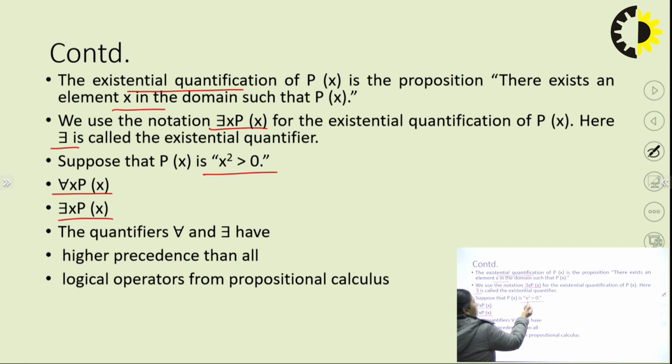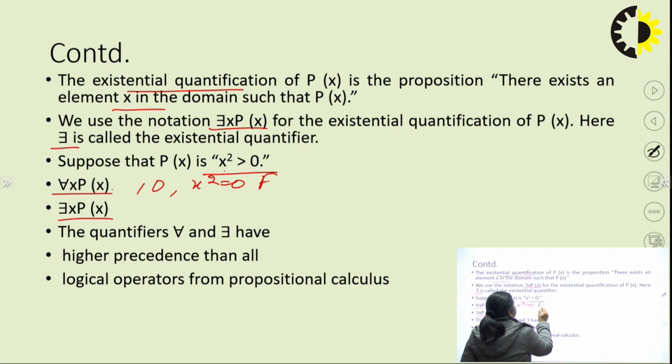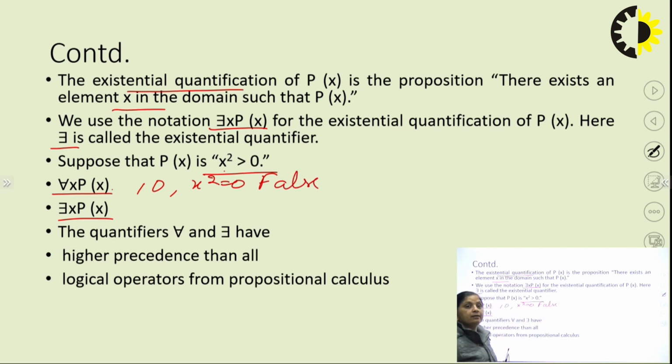So, if I take 1, it is greater than 0, minus 1 square is greater than 0, 2 minus 2 square is greater than 0, but there is a counter example. For 0, x square is 0. So, in that case, it is not true. So, this assumes false value. Which one? Px. What is Px? X square is greater than 0.